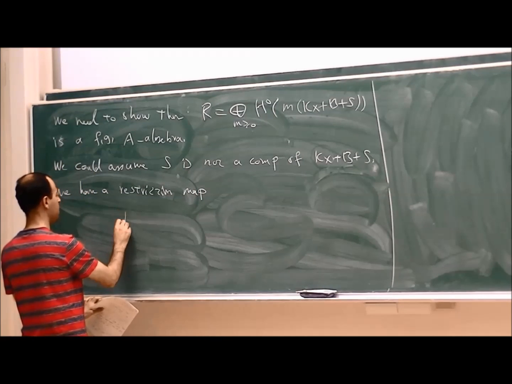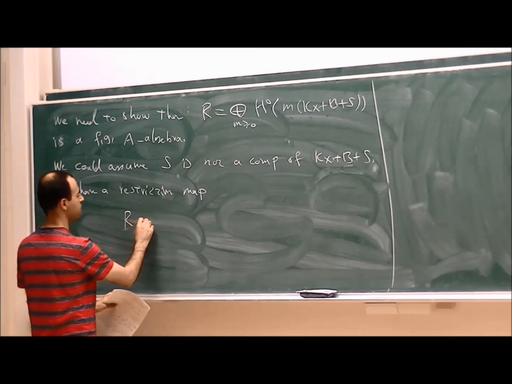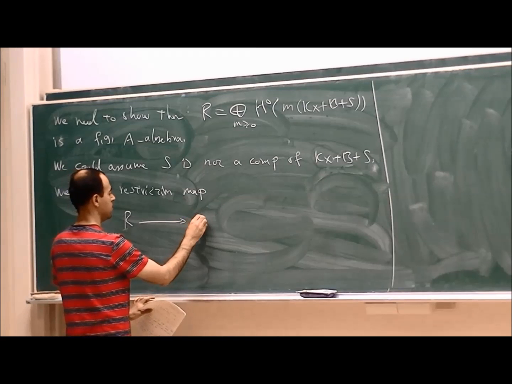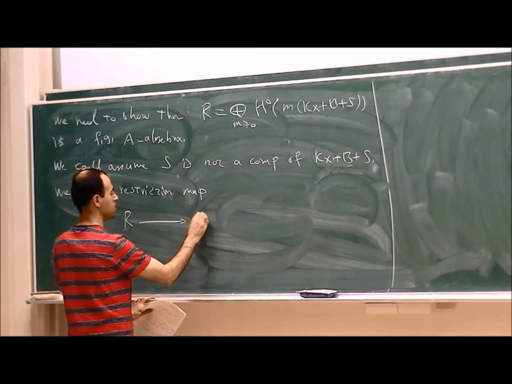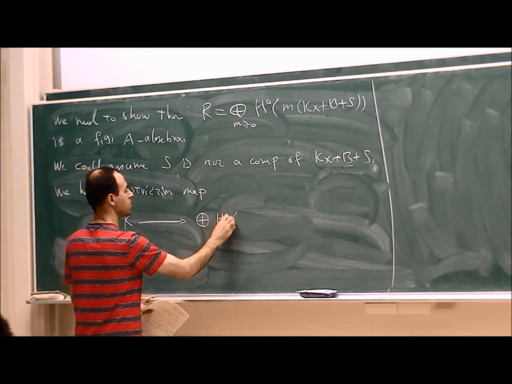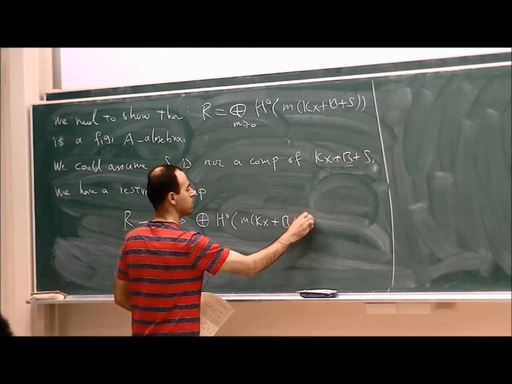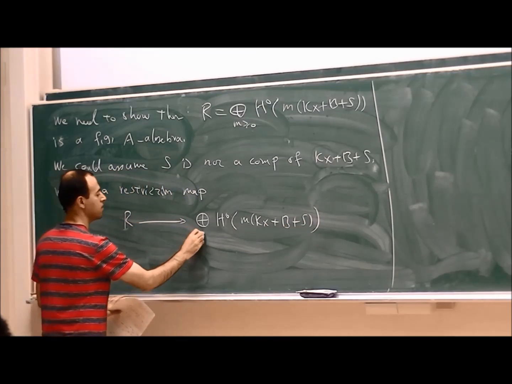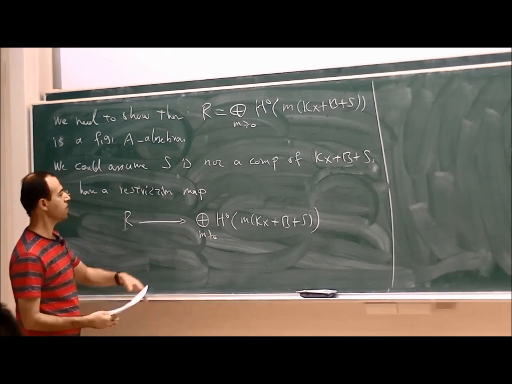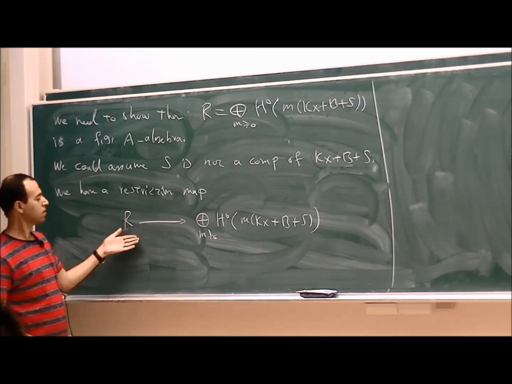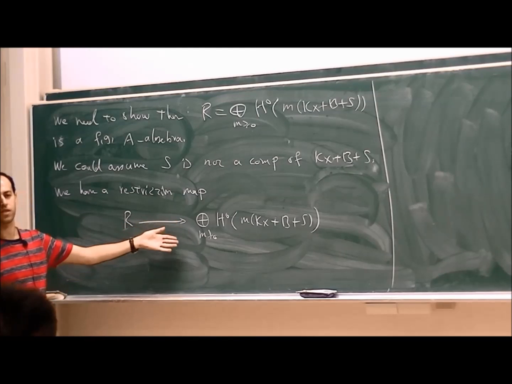In other words, from R, I have a natural way of restricting to S, but here on S I have this guy.